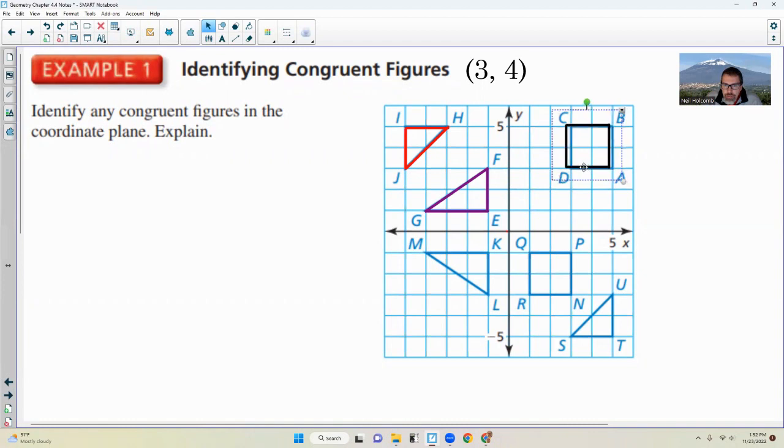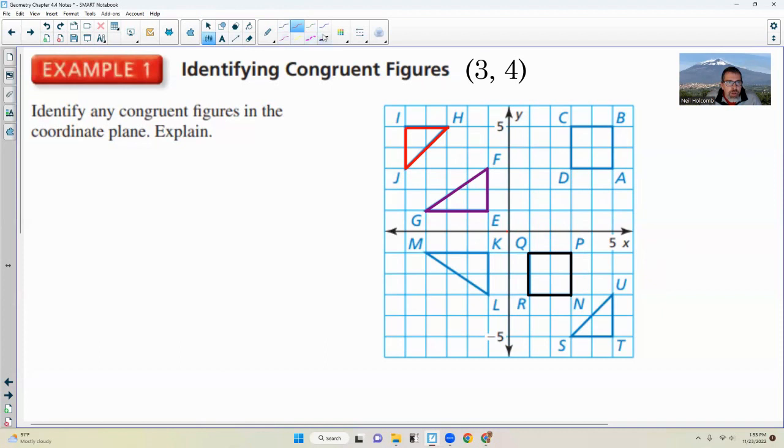Now, if I took this square and moved it 1 unit to the left and 1 more unit to the left, so that's 2 units left, and 1, 2, 3, 4, 5, 6 down, I land right on top of square NPQR. So that is a transformation: 2 units to the left, 6 units down.